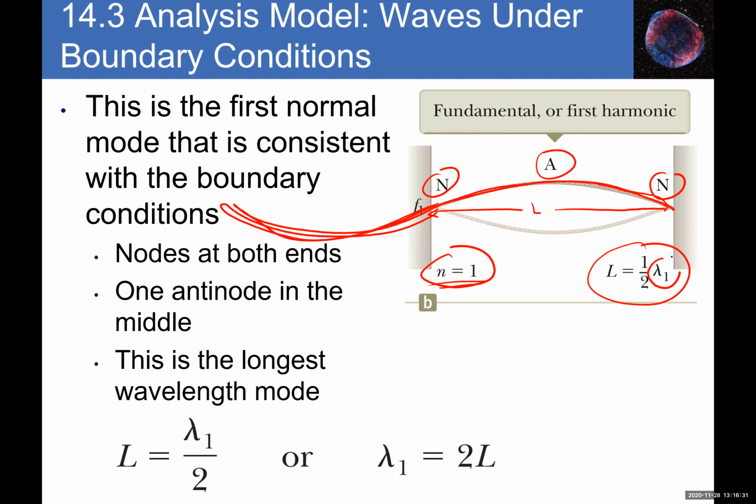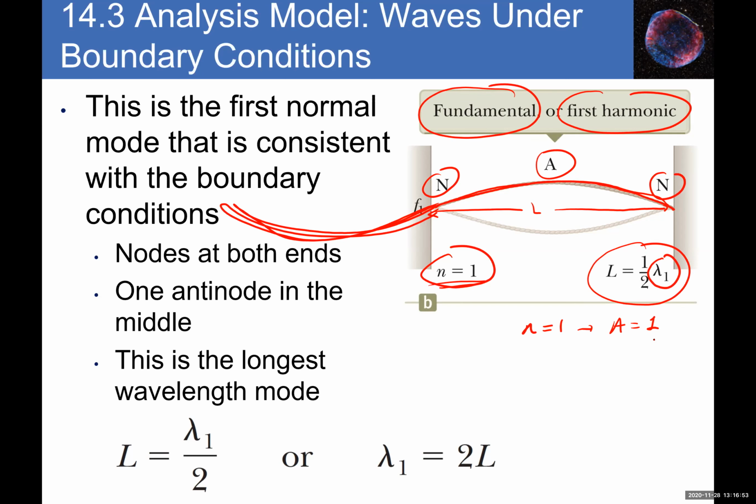So lambda with the subscript 1 represents when n is equal to 1. And this is known as the fundamental or the first harmonic. The fundamental or first harmonic is when this mode number n is equal to 1, which means the number of antinodes is also equal to 1. So we have just one antinode.